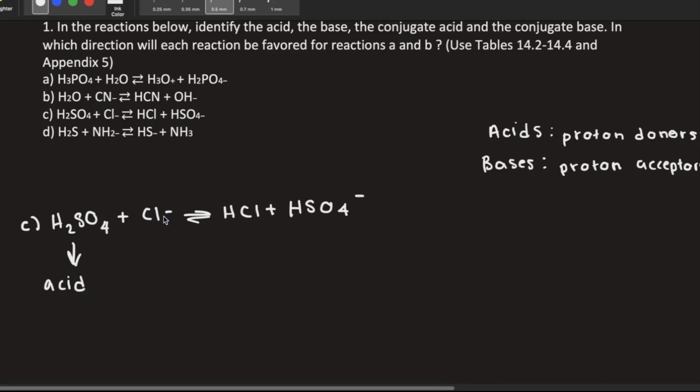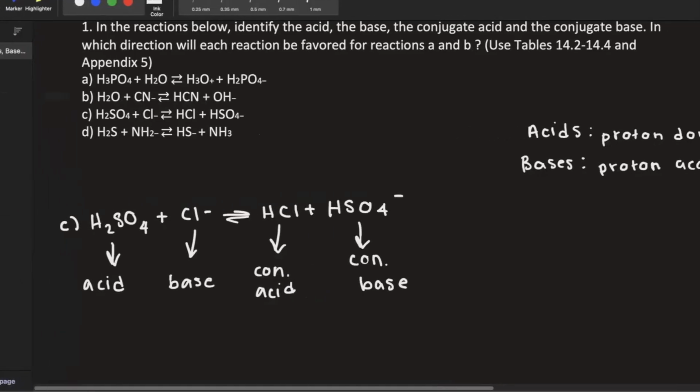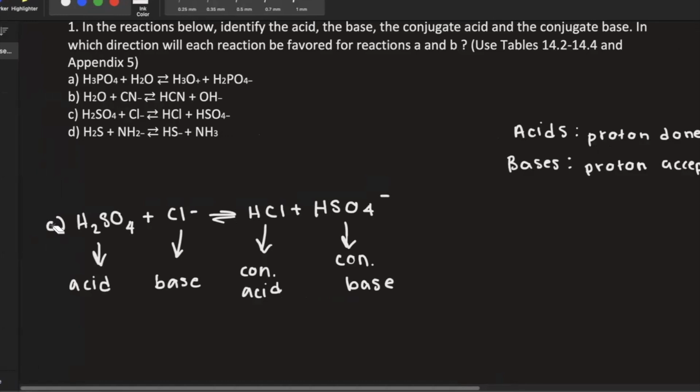Now, looking at Cl minus, we can see by comparing it that it gains a proton, meaning this is a base. And we can also deduce that this is a conjugate acid, and this is going to be your conjugate base. Straightforward, okay? And just for the sake of the problem, we'll finish off with letter D.